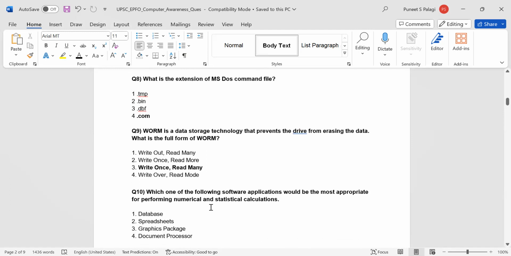Next question: which one of the following software applications would be the most appropriate to perform numerical and statistical calculations? Database, spreadsheets, graphics package, document processor. As we all know, when we have to organize data, store data, create data, do calculations, apply mathematical or analytical formulas, the best tool that we use is spreadsheets, right?